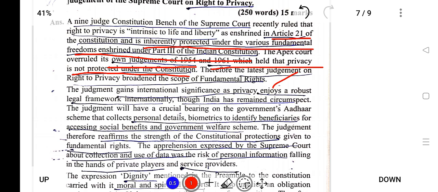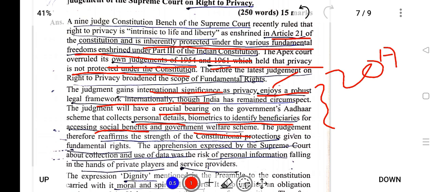The judgment gains international significance as privacy enjoys a robust legal framework internationally, though India has remained circumspect. The judgment will have a crucial bearing on the government's Aadhaar scheme that collects personal data and biometrics of beneficiaries for accessing social benefits and government welfare schemes. So this was provided in the 2017 Puttaswamy case.